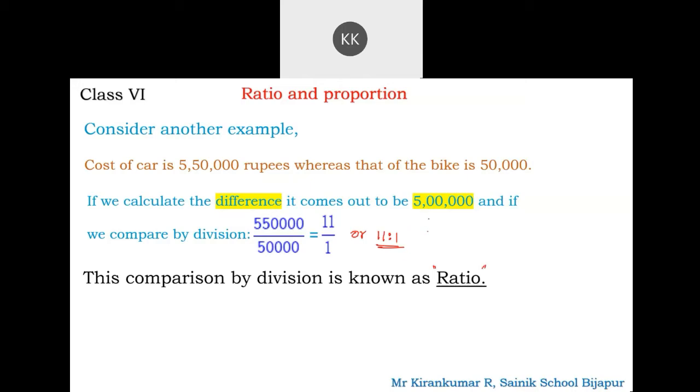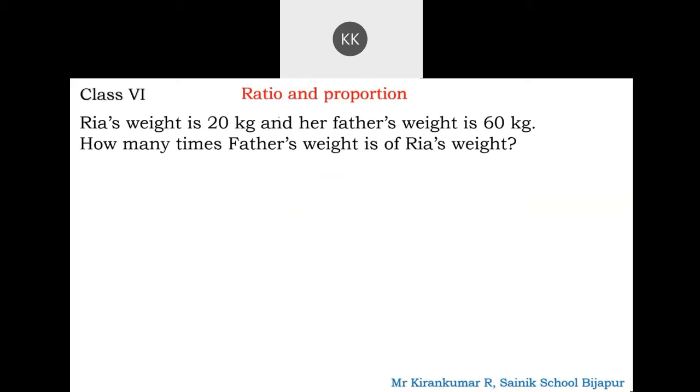Yes, sir. Look at this question here. Ria's weight is 20 kg and her father's weight is 60 kg. How many times is the father's weight of Ria's weight? Three.